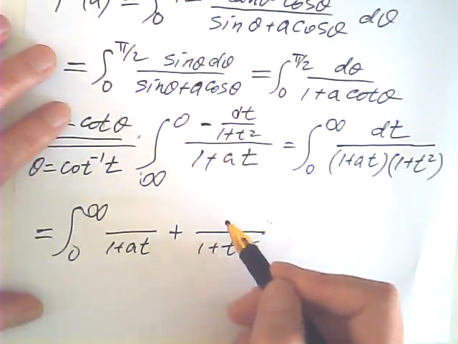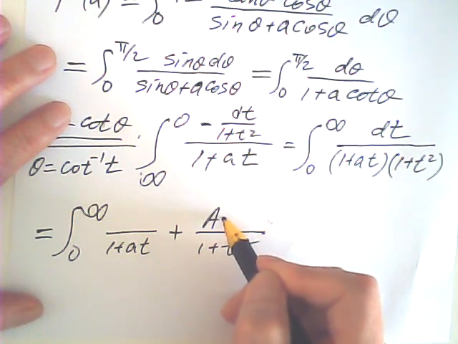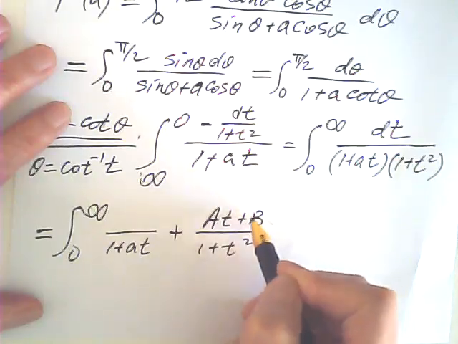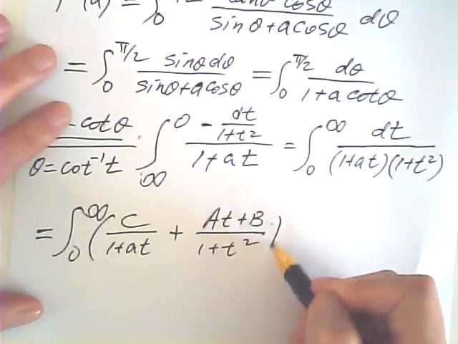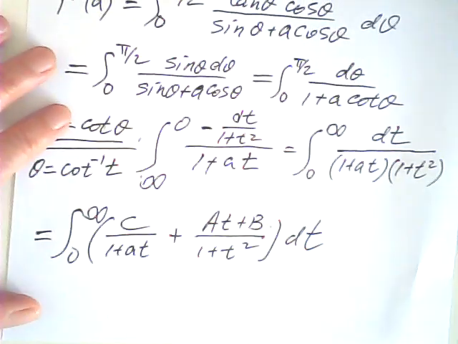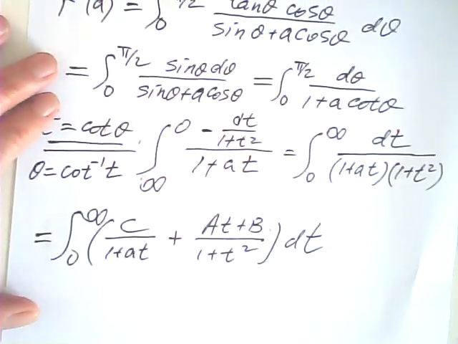This is a quadratic, so this is A t plus B, and this is a linear, so C, dt. Very good.